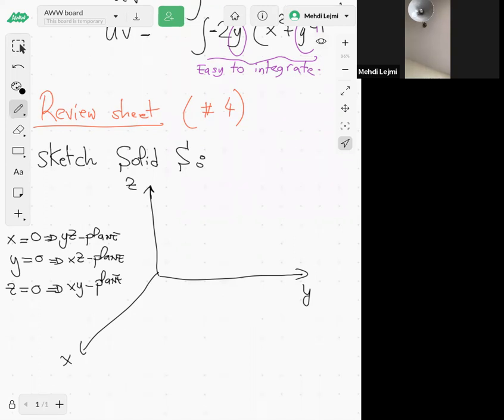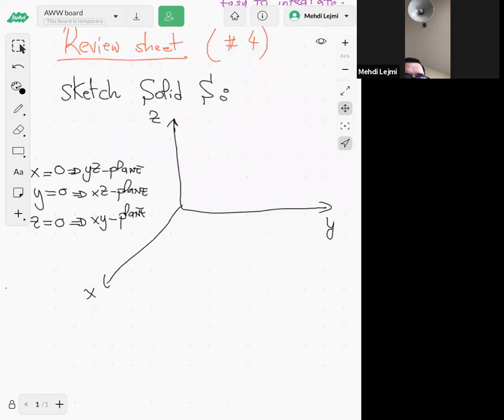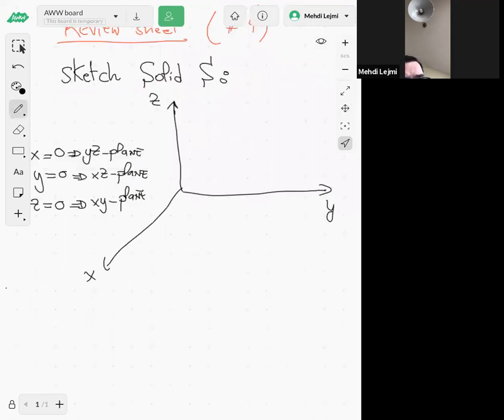X plus Y equals to 1 is an equation of a plane, not just a line, right? So this equation is true for any height Z. So if you want to sketch this, this is the equation of a plane.